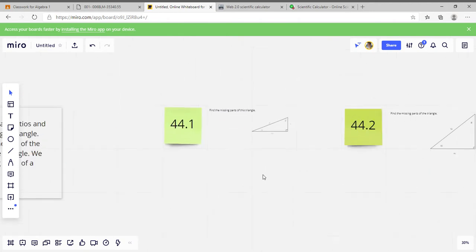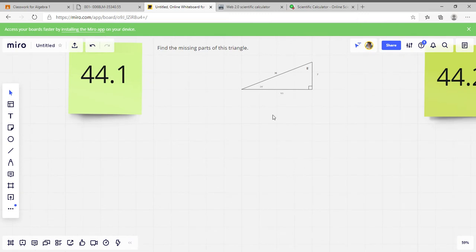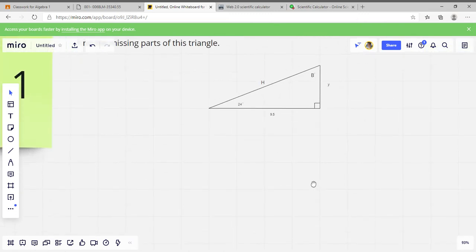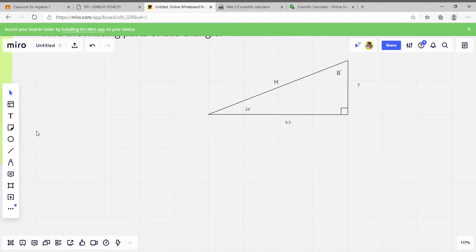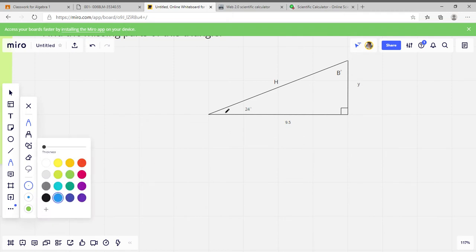Alright, so 44.1 says, find the missing parts of this triangle. So we're going to zoom in here and look at this triangle. And first thing we're going to do is label this. So there is our angle, and it is 24 degrees. The hypotenuse is going to be across from the right angle, so this is our hypotenuse right here.